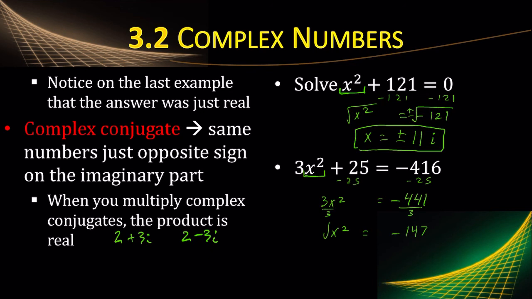And then we square root. Don't forget the plus and minus. All right, we'll have to figure this one out. So we have the square root of the negative, and then 147 turns out to be 49 times 3. So the square root of the negative 1 is i, the square root of 49 is 7, and the square root of 3. So x is plus and minus 7 square root of 3 i.